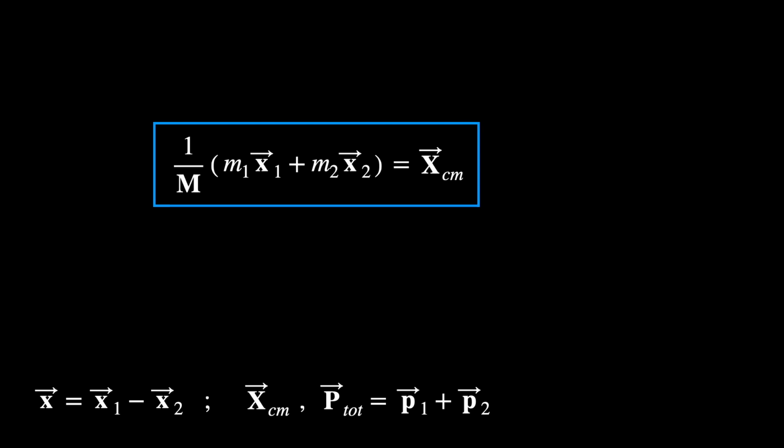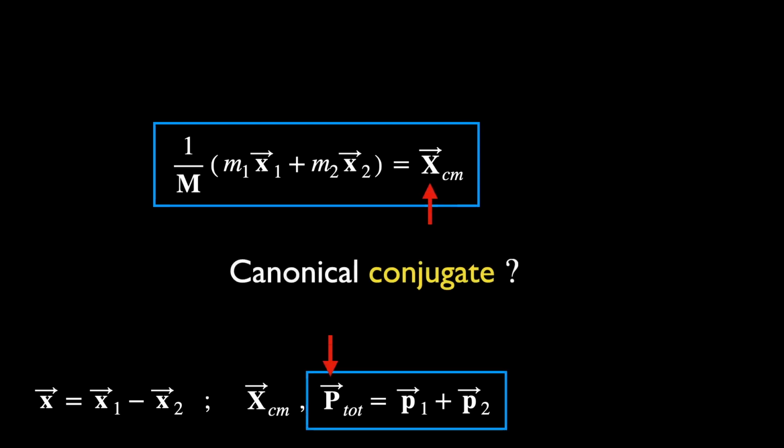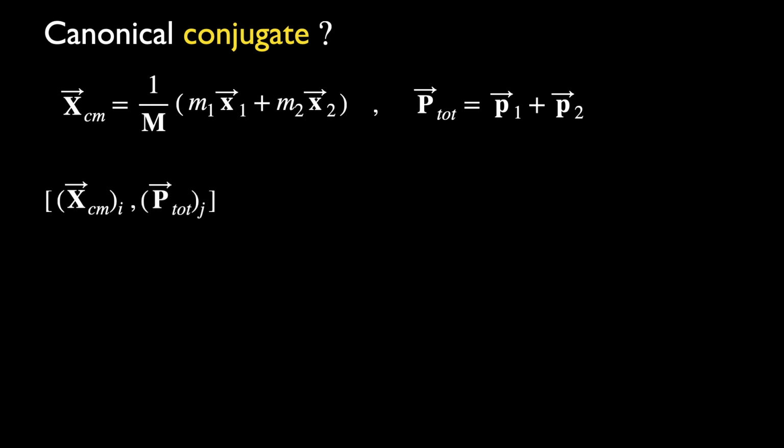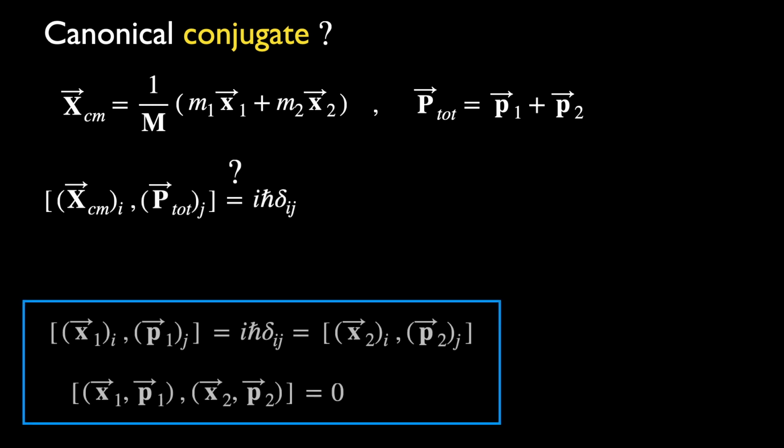Now we will verify that xcm is actually the canonical conjugate of the total momentum. That is, we must show that they satisfy the canonical commutation relations. This is done by using the commutation relations of the 1-2 variables.